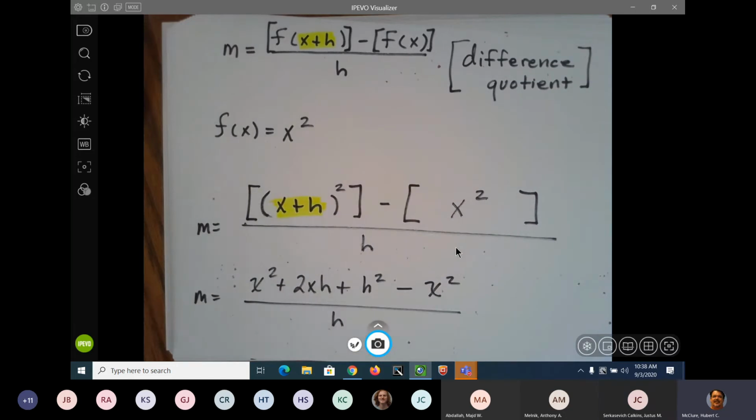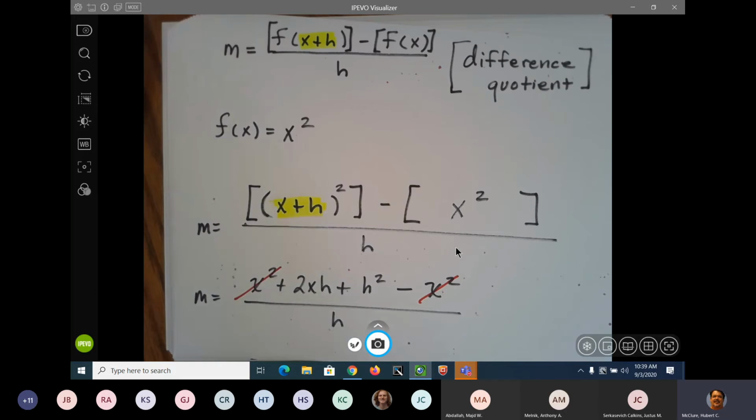And what happens to the x squareds? Cancel out. Is this going to happen all the time? Yes. Okay. And the only thing that will be left is terms with h in them most of the time.